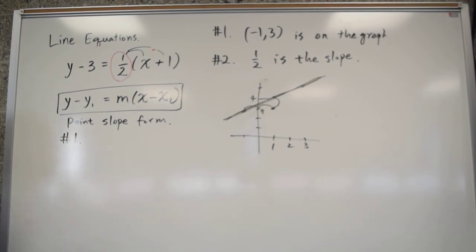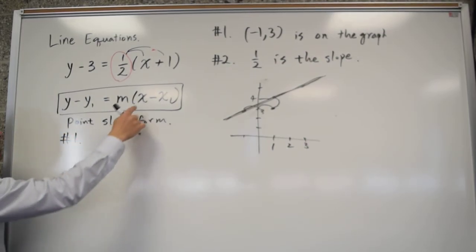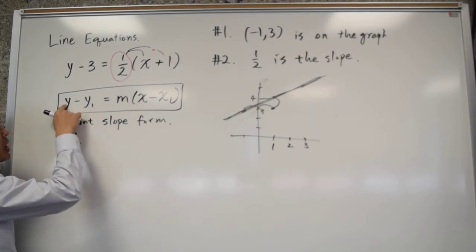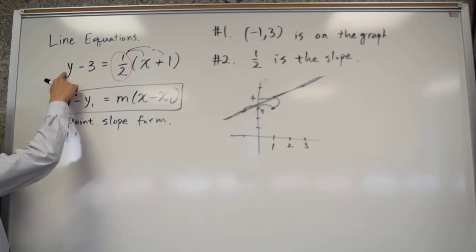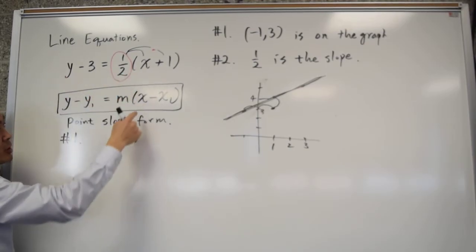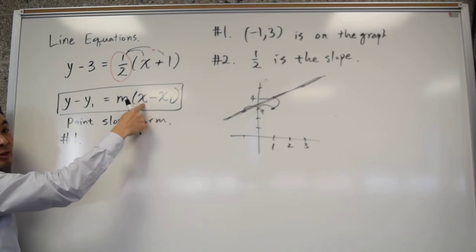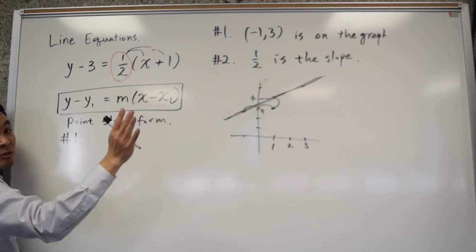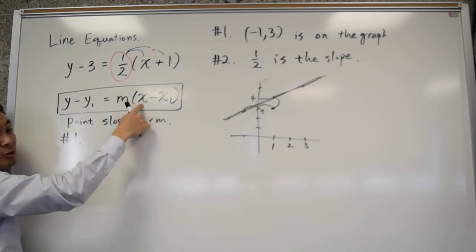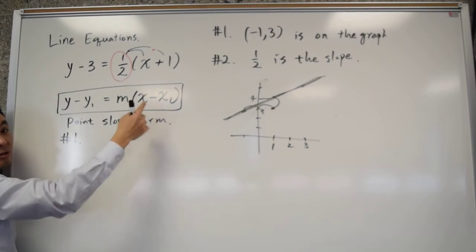Fact number 1. If you replace x by x1 and y by y1, just like how we replaced x by negative 1 and y by positive 3, what happens? What's x1 minus x1? I don't know what the value of x1 is, but I know what x1 minus x1 is. That'll be 0, right?